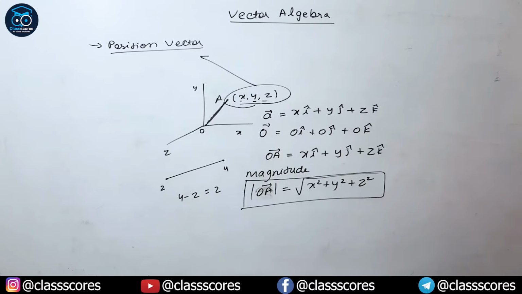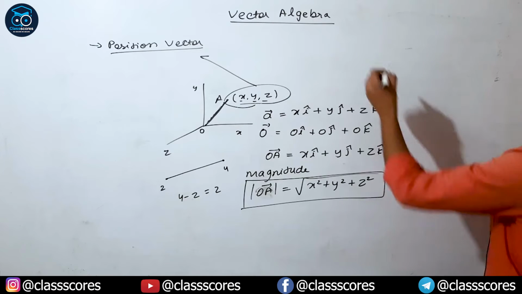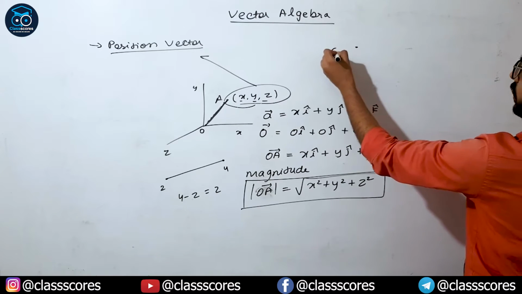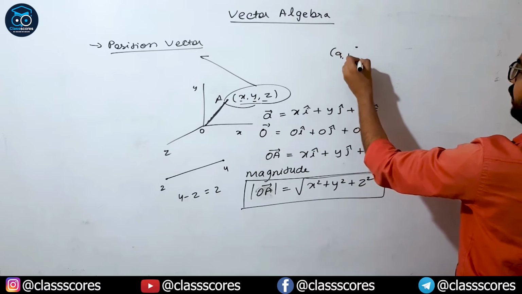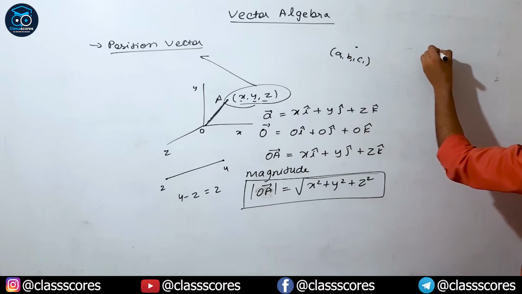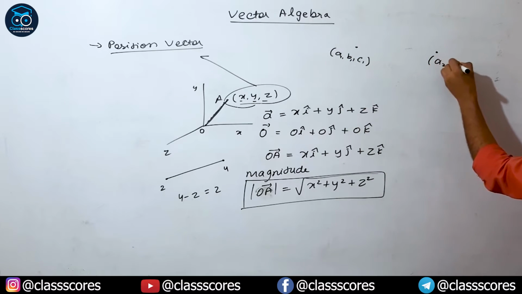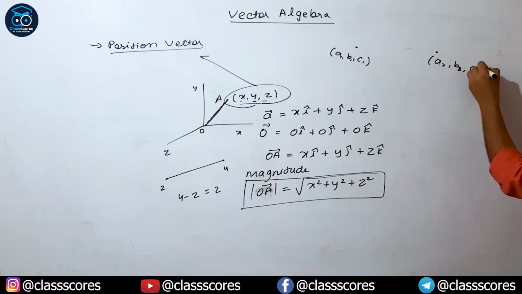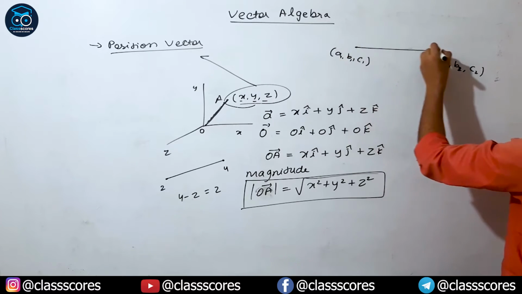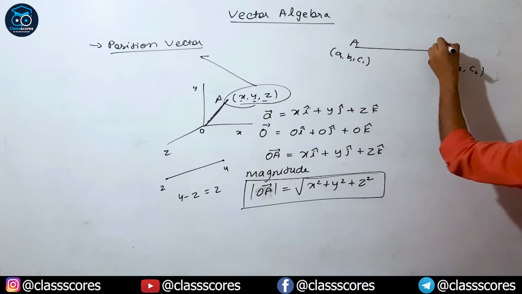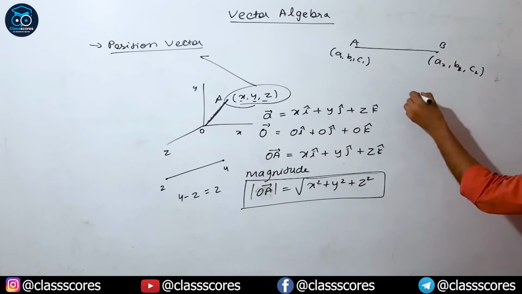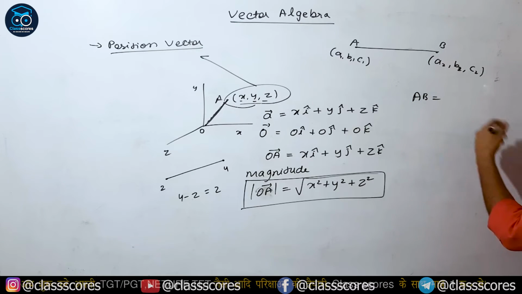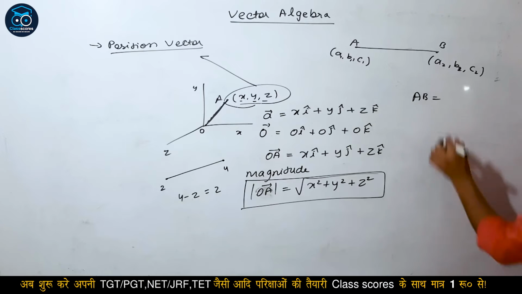Now whenever you are given two points, let's take A1, B1, C1 and another point A2, B2, C2. This is point A and this is point B. If someone asks you to find the length of AB, first of all we need to find the AB vector.